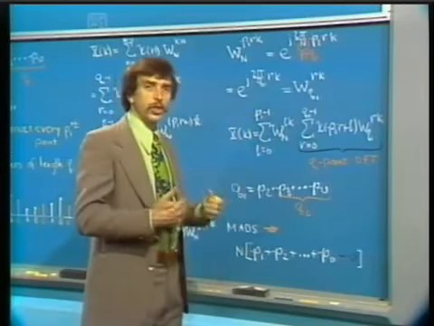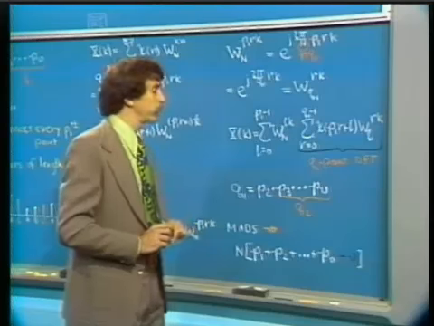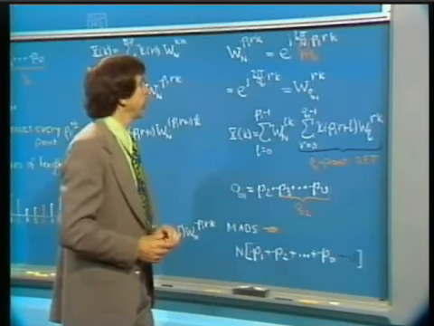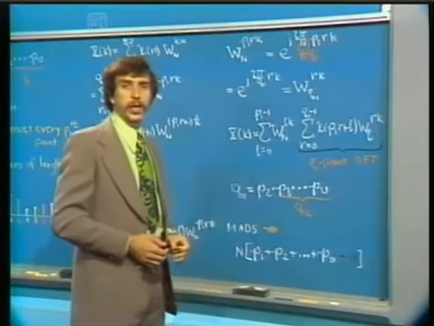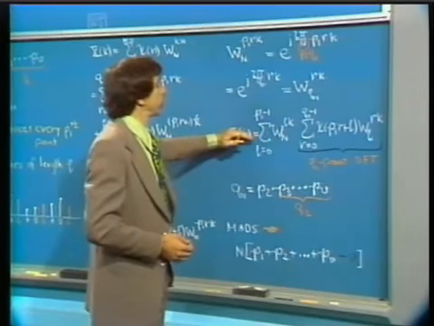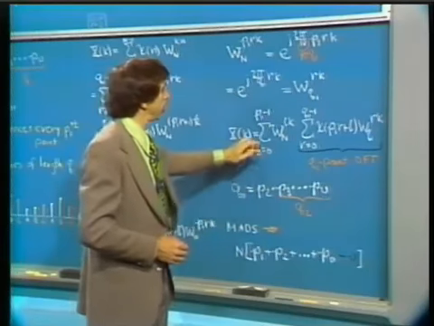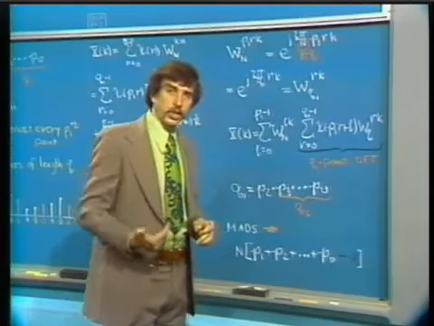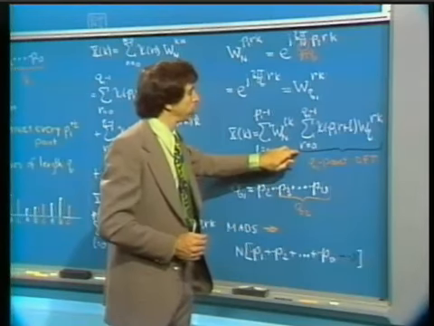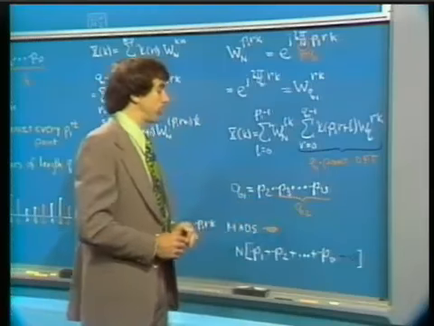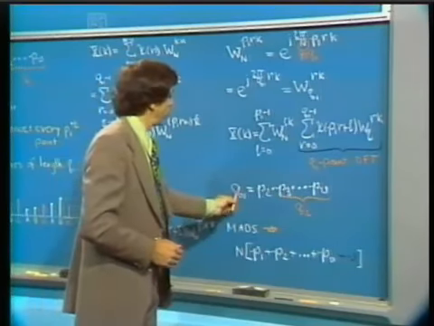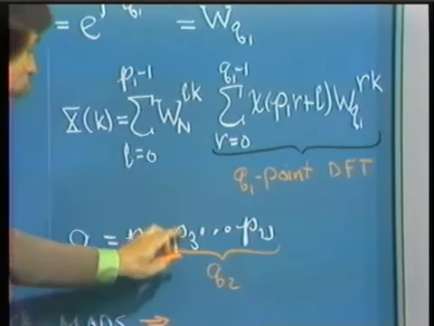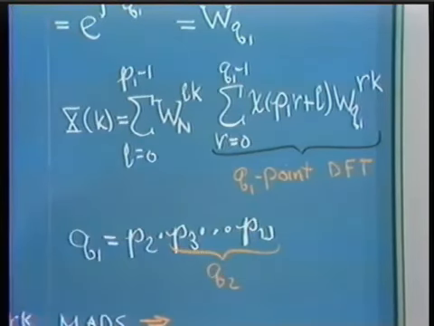This would then lead to the generalization of the butterfly computation as we had it for the radix 2 algorithms. And if you count up the number of multiplies and adds, again, you'll see that there's some computational efficiency that results from doing this. And then just as we did with the radix 2 algorithms, we can continue to decompose these transforms so that Q1 is given by the product P2 times P3 through P sub nu.